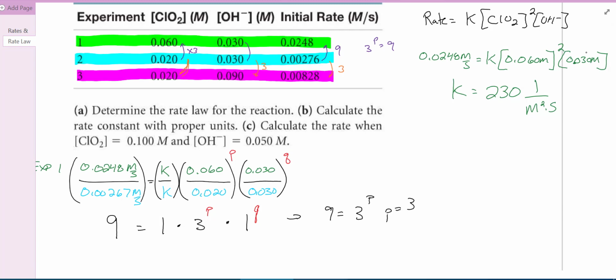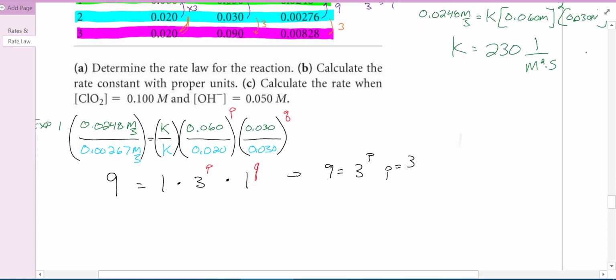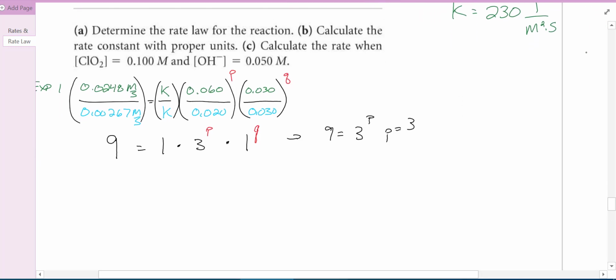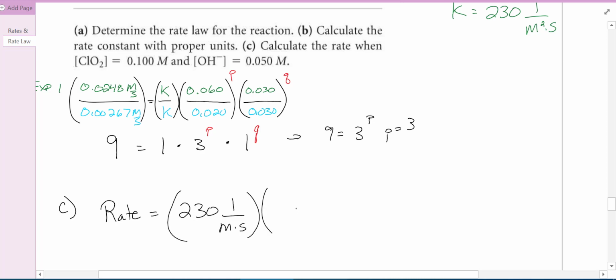And then C, calculate the rate with this point. So going back to my rate law, for C I have the rate equals K, which is 230, 1 over molarity squared times seconds, times ClO2 at 0.100 molar squared, and 0.050 molar.